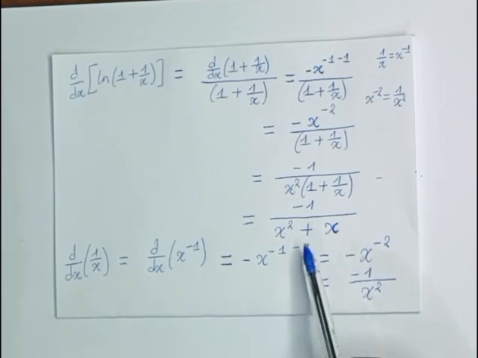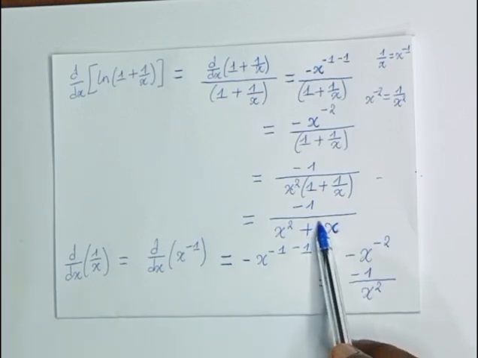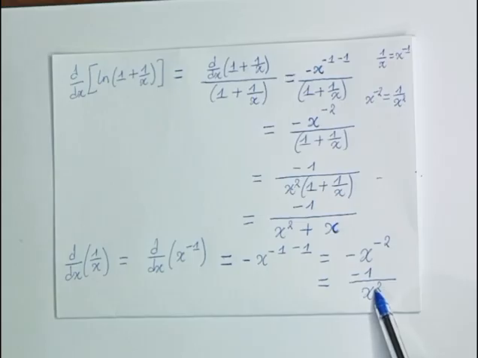Now, knowing the derivative of the function at the numerator and the derivative of the function at the denominator, we can now proceed to find the limit as x tends to infinity of the given function.